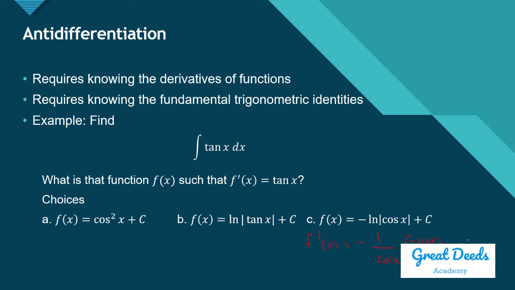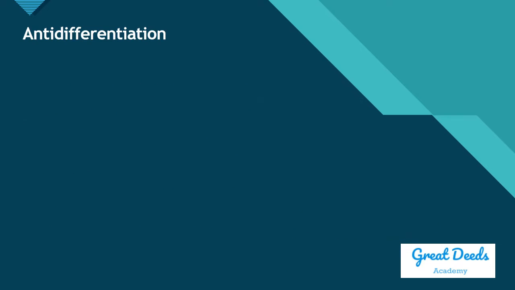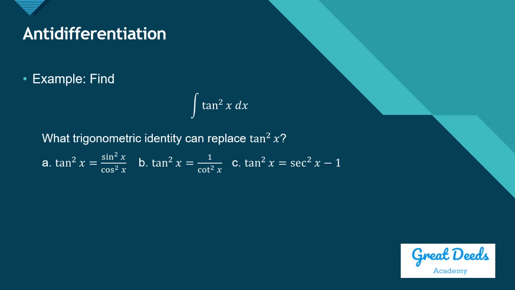And this is equal to tangent of x. So this is the correct function. This is equal to the integral of tangent of x dx. Okay? The integral of tangent of x dx is equal to the negative of ln of the absolute value of cosine of x plus c.